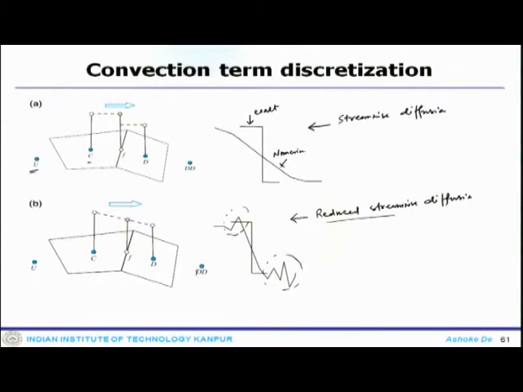Now, this error, when you use a higher order profile to reduce the streamwise diffusion, is also called the dispersion error. Dispersion error actually shows this kind of small oscillation in the solution, and this is because of the presence of large gradients which render the solution unbounded. Now, if you have this higher order profile, then you get this kind of thing.